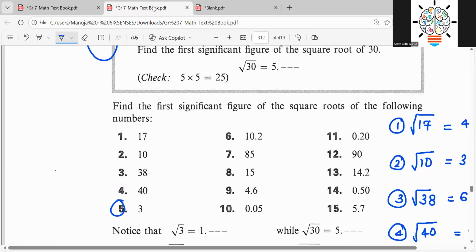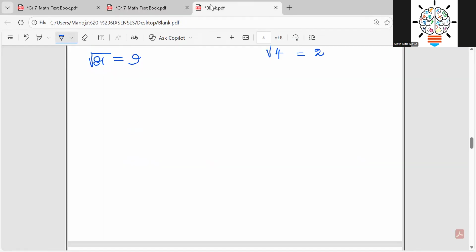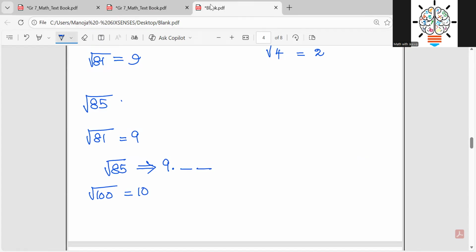So let's say the number is 85. I write the question, 85. Okay. And I write the square root of 81 is 9. And then I write the square root of 100. It is 10. And if I want to get the square root of 85, it should be in between 9 and 10. 9 point something. Right? Any number, if you want to get the square root value, rough estimate, this is what you do.